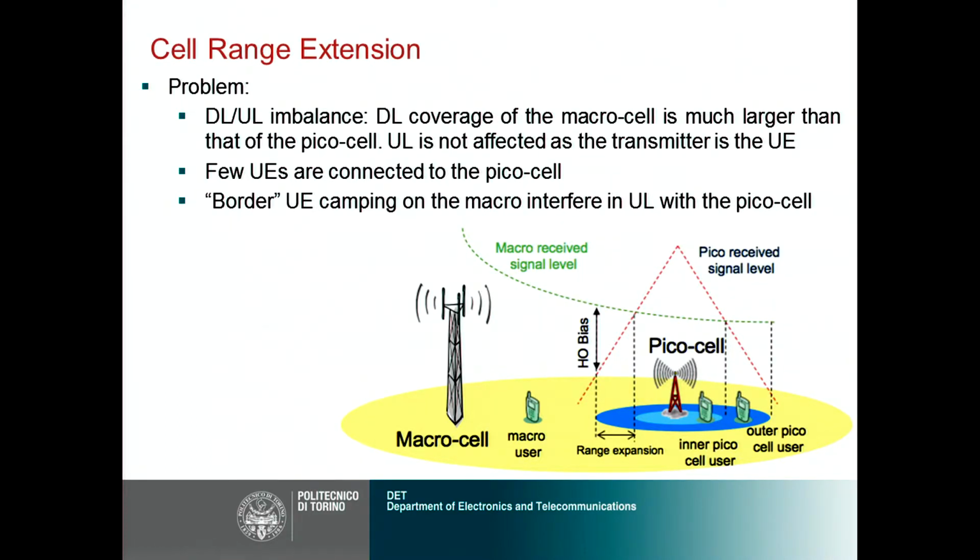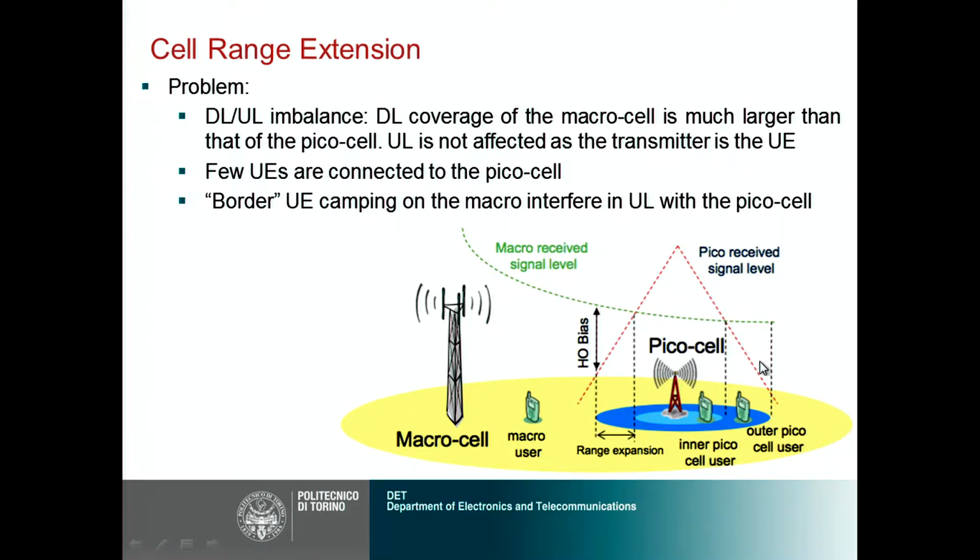So, as I said, one of the problems that you have with this multi-tiering is when you have a terminal that's close to the picocell, let's call it the inner picocell user, then everything is fine. When you have a user that is in the outer picocell, then likely it will associate to the macro cell.